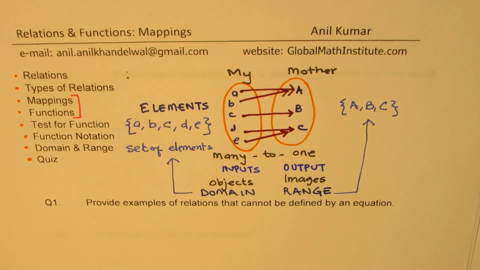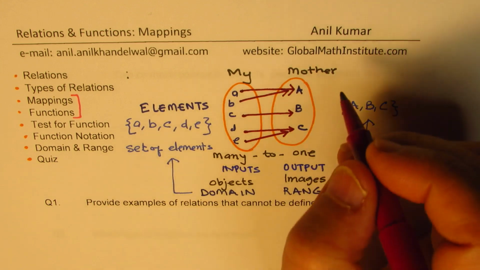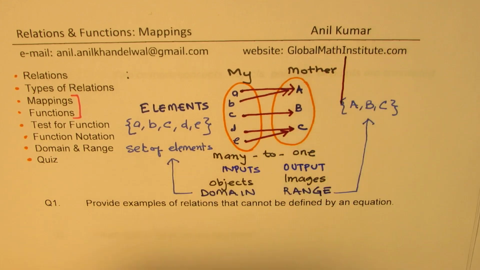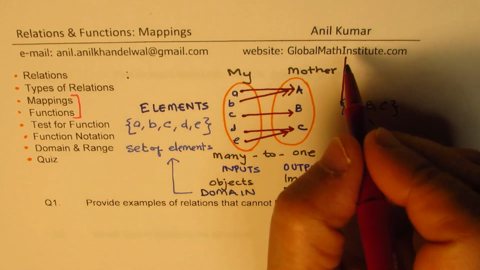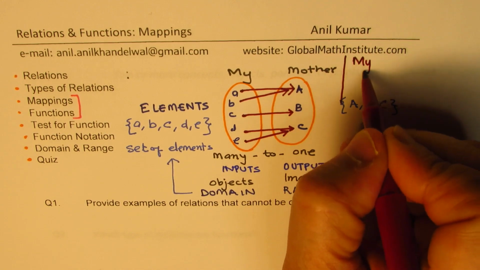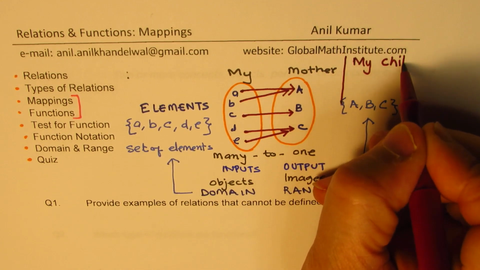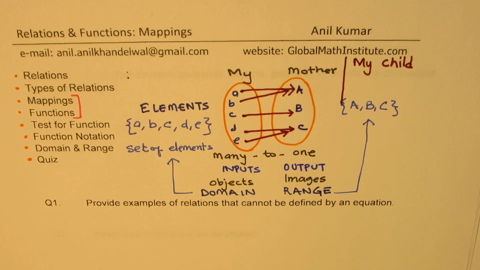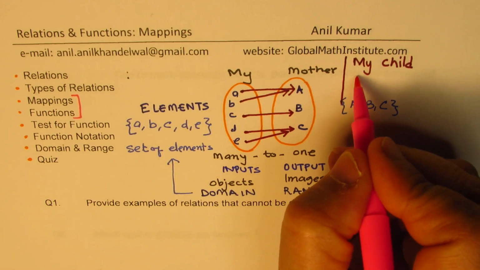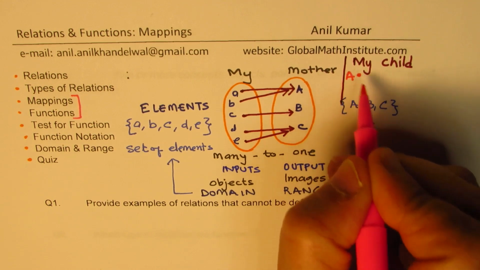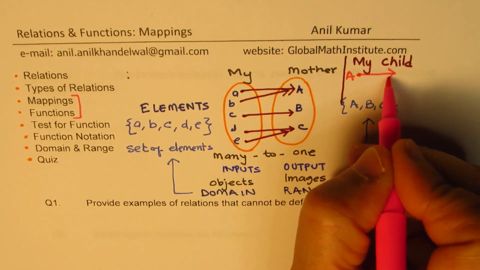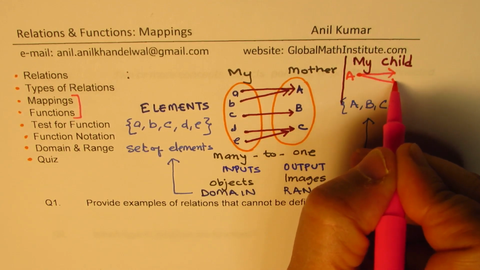What I'm trying to say here is that if I reverse this operation, that is to say, think about another relation, which could be my child. So if I reverse this operation, my child, in that case, a mother, which is capital A for us, can be linked to more than one, right?